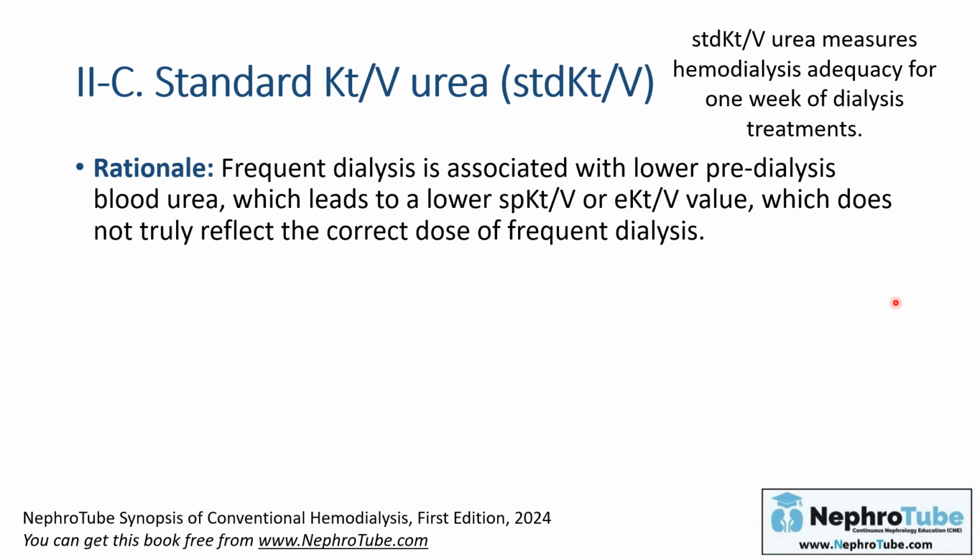So if you measure the single pool KT/V or equilibrated KT/V for one session, this will not truly reflect the correct dose of frequent dialysis, because, for example, if the patient is dialyzing 5 times per week, and you calculate today the single pool or equilibrated KT/V for this patient and measure the pre-urea level, it will be very low, because the patient already had a hemodialysis session the day before. And for sure, the post-urea also will be very low. This may overestimate the KT/V.